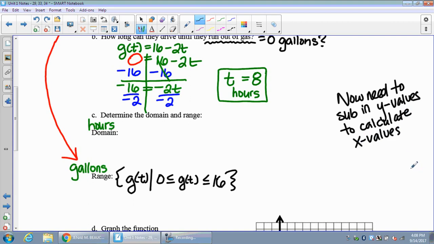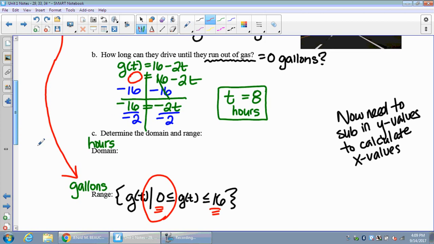Before we plugged in X to find Y, now we're going to plug in Y to find X. So I look at the values I need to plug in. I'm looking to sub in 0 and 16. But if I pay attention, have we already plugged in 0 somewhere? I'm going to pause for a second and let you look at this whole page and figure out where you have already done that.